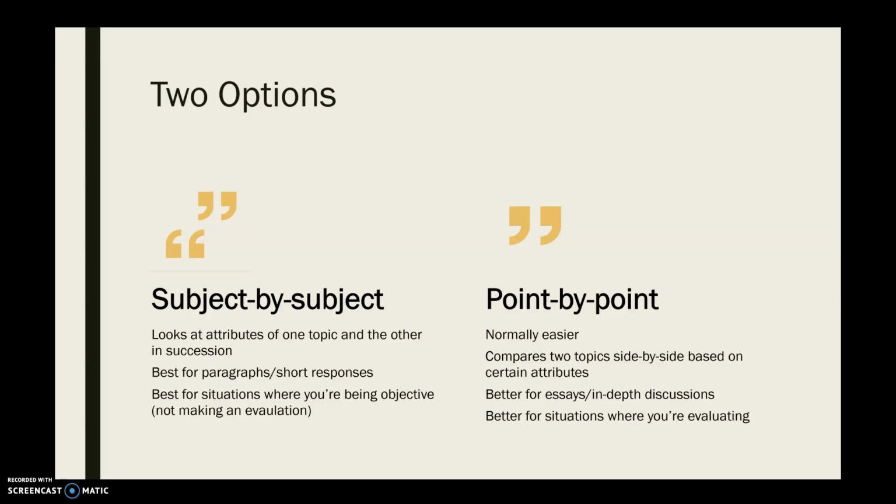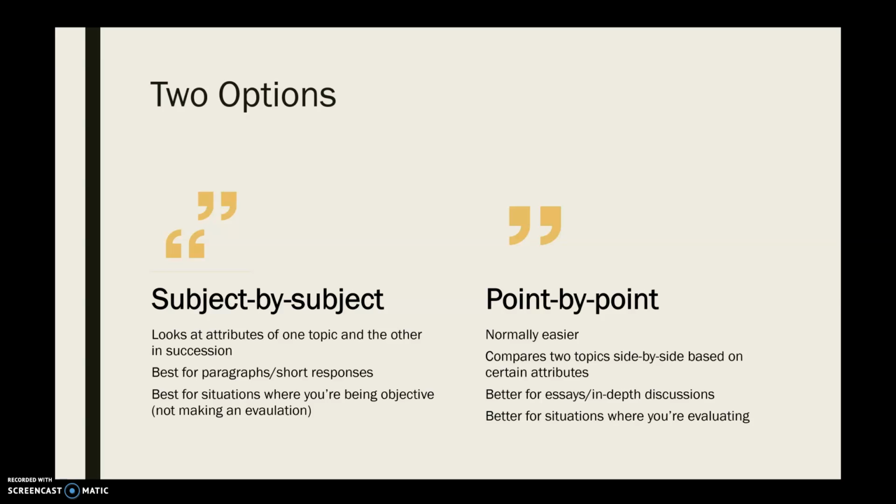Subject by subject looks at the attributes of one topic and the other in succession. So the first half of your paragraph might be on item A, and the second half of your paragraph might be on item B. It's best for very short responses or situations where you're being objective and not making an evaluation. Point by point sounds harder at first, but I actually find it a lot easier.